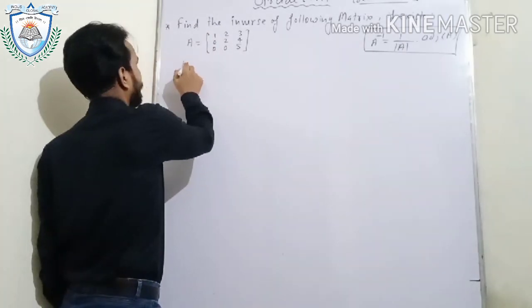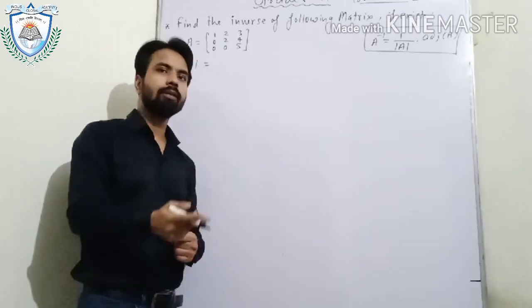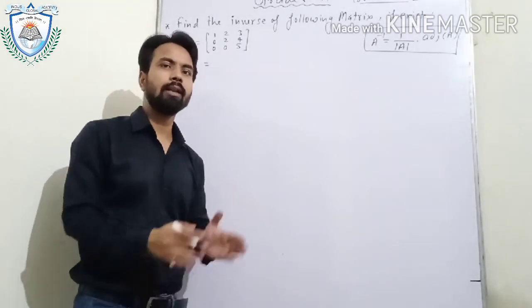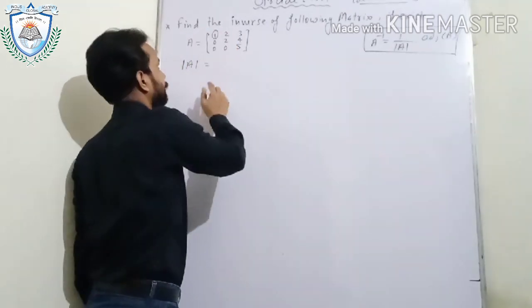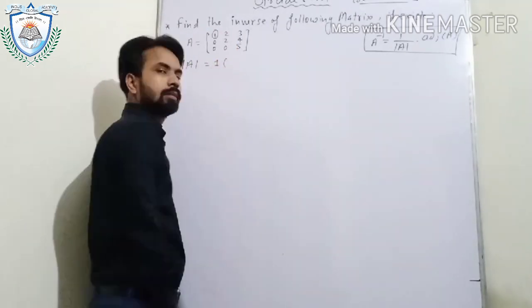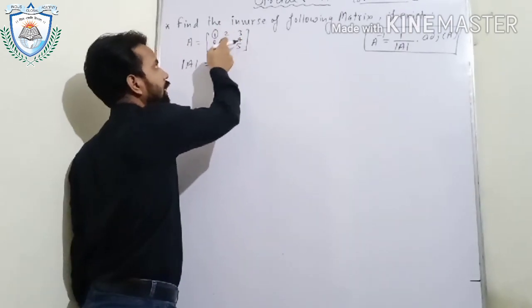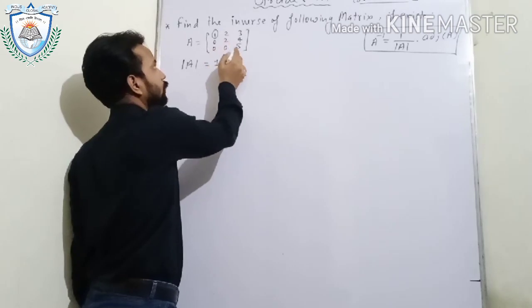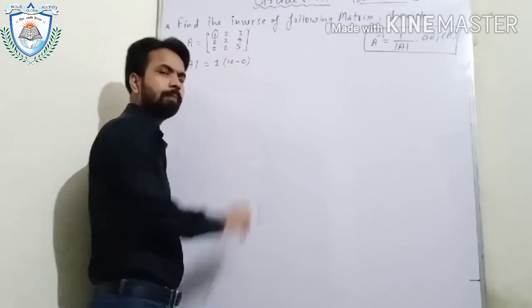So value of determinant of A equals, for 3 by 3 order, how can we find the value of the determinant? We will have to write the first element, that is 1. Now we will hide first row, first column, and cross multiply the remaining elements. So 2 into 5, 10, minus 0 into 4, that is 0.